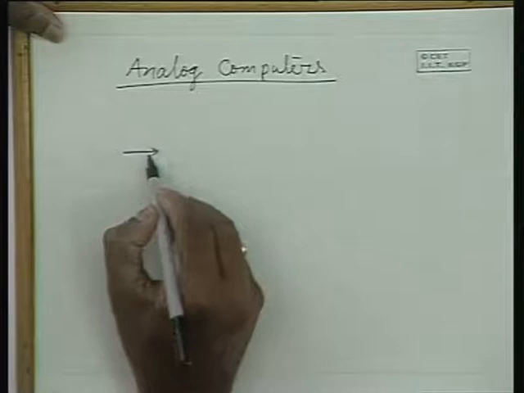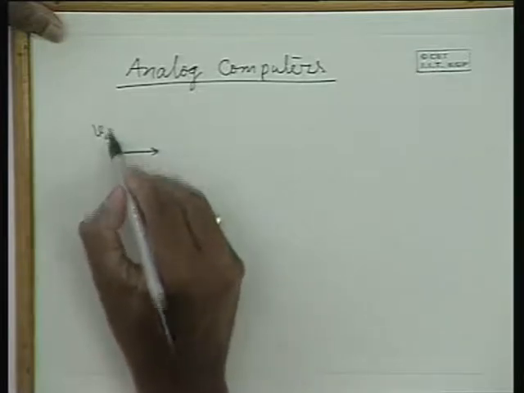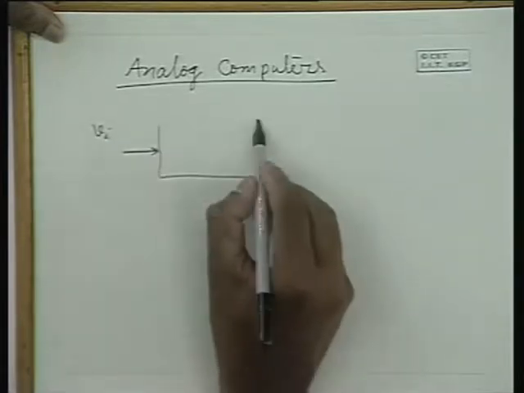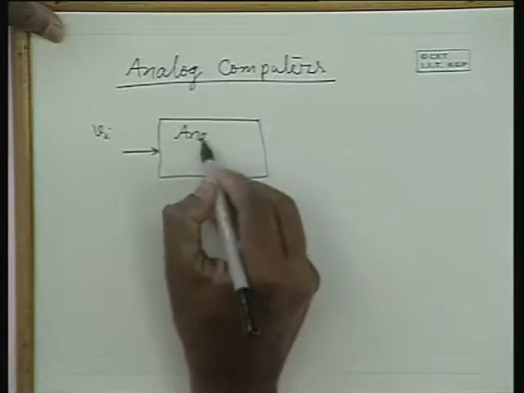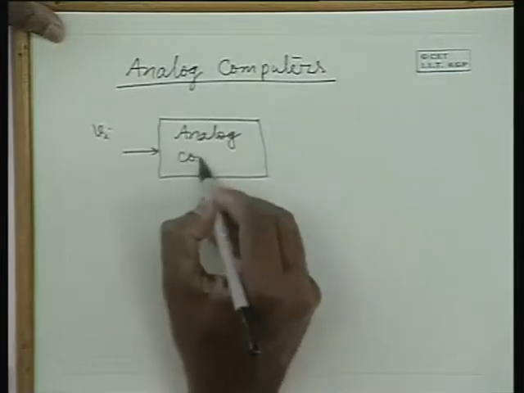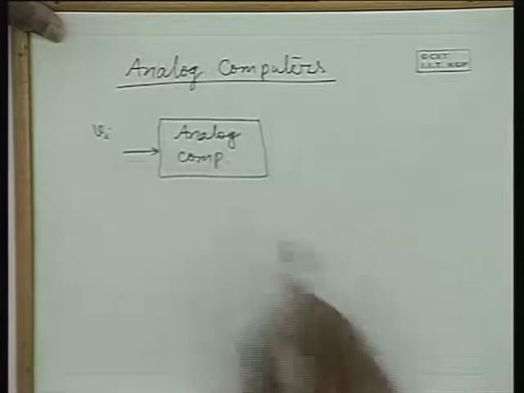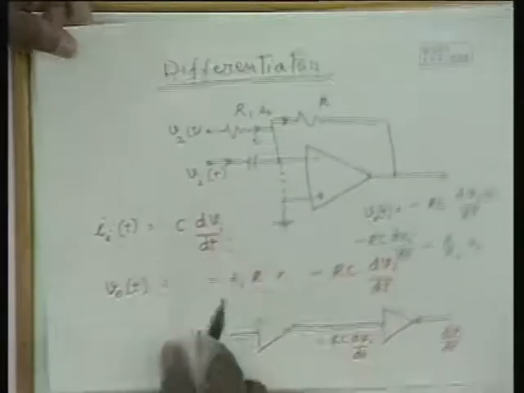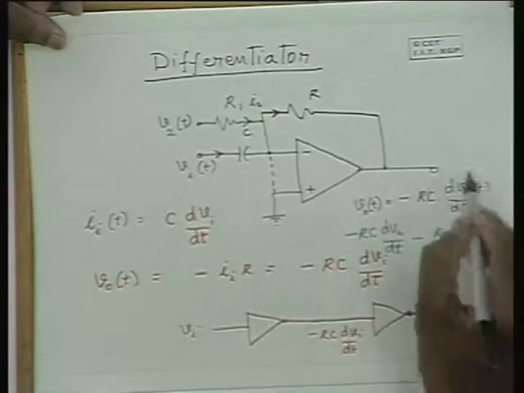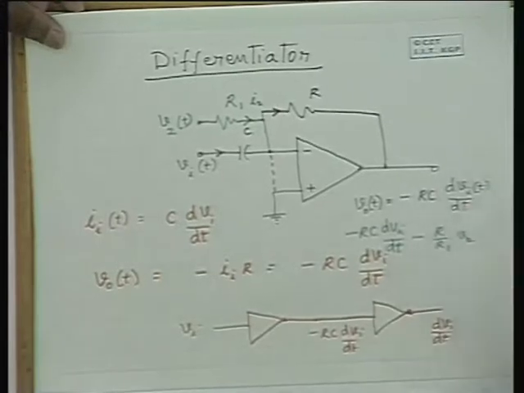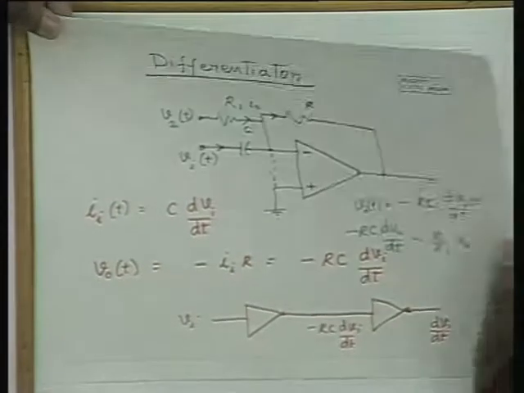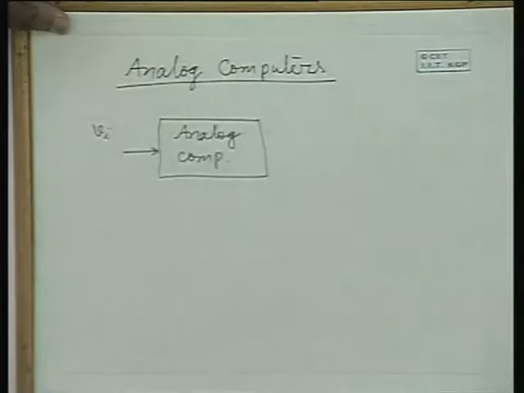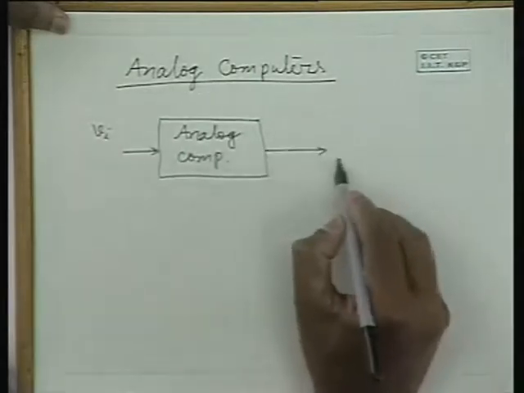So in analog computers we give an input Vi and there is an analog computer circuit which uses combinations of such circuits, maybe another differentiator here and another addition with something else, and like that. Now we get an output V0.